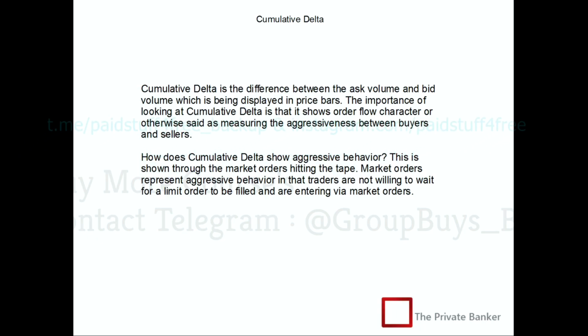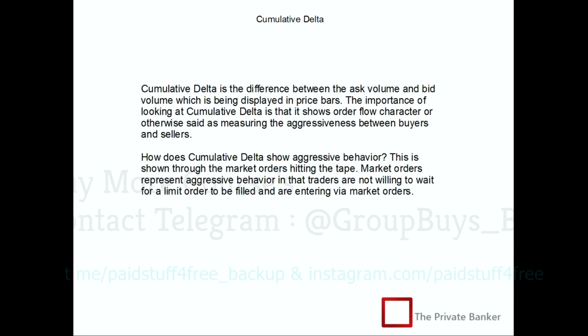So if someone is being very aggressive with entering the market, and they don't want to wait for their limit to be hit, they're most likely going to enter the market via market order rather than just sitting around and waiting. They're fearing that they may not get filled on the limit order. So it represents aggressive behavior in that way.